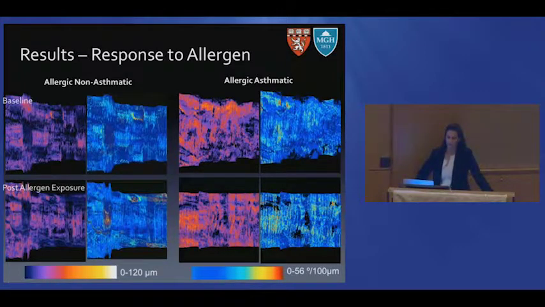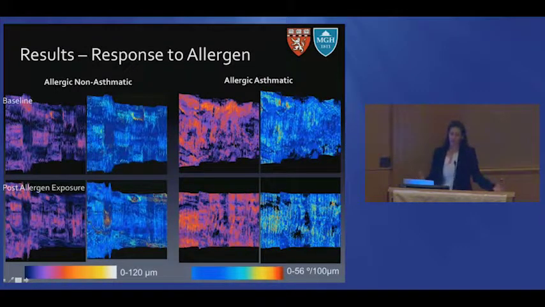This pink color is from 0 to 120 microns in airway smooth muscle thickness at baseline and following allergen for the non-asthmatics, and at baseline and following allergen for the asthmatics. And then we've also displayed the birefringence, or the local retardation, and we've plotted that from 0 to 56 degrees per micron, again at baseline and following allergen.